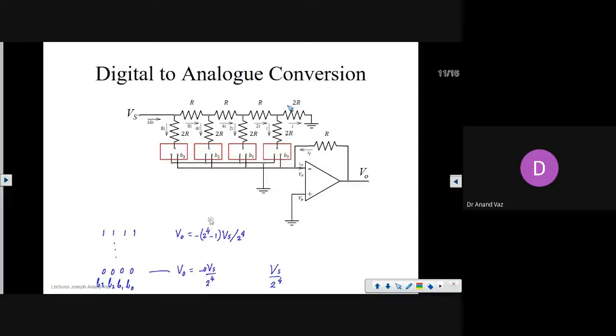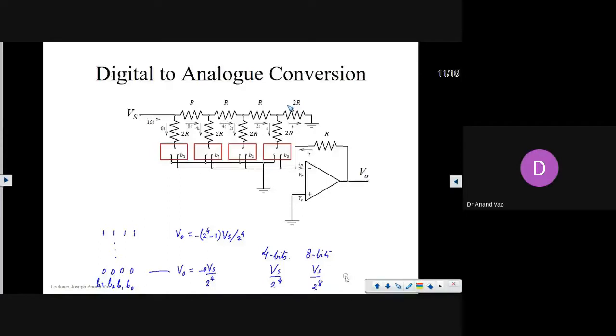Suppose you increase, you have more number of switches like this, you have more number of bits, you have 8 bits. Okay, this was for 4 bits. If you have 8 bits, you can have steps. You can break the range Vs divided by 2 raised to 8.